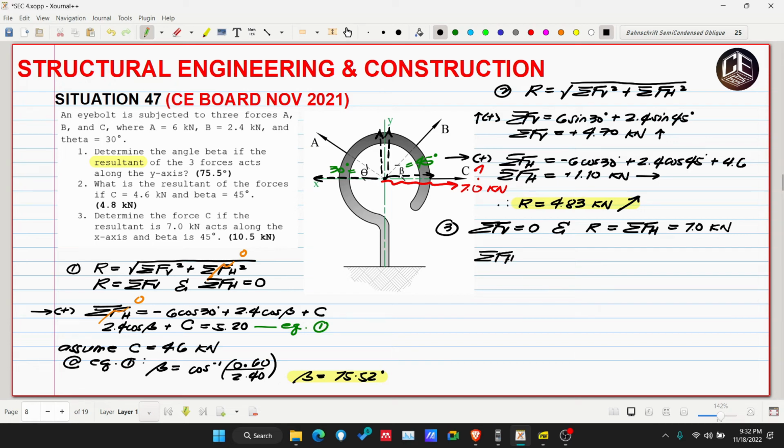Summation of FH, with to the right as positive, is equivalent to A, negative to the left, so negative 6 cosine of 30 degrees, then plus B, 2.4 cosine of 45 degrees, then plus C. So, positive 7.0 is equivalent to negative 6 cosine of 30 plus 2.4 cosine of 45 degrees plus C.